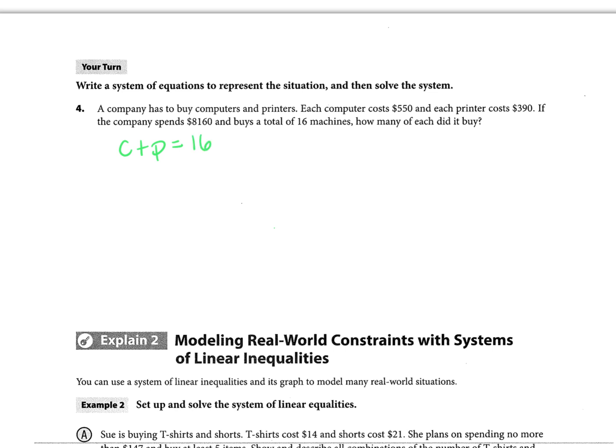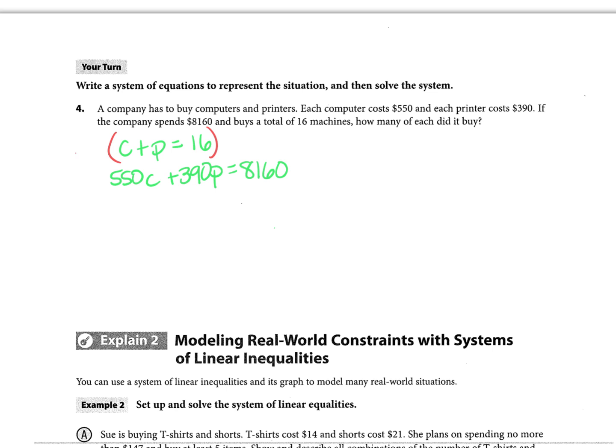Then we also need to think about the cost of those machines. We have $550 for the computer and $390 for the printers for a total of $8,160. Now we want to multiply this equation by either negative 550 to eliminate the c variable or negative 390 to eliminate the p variable.